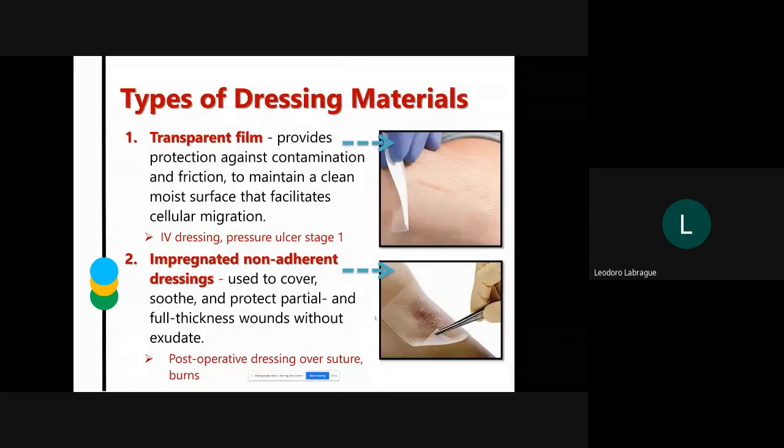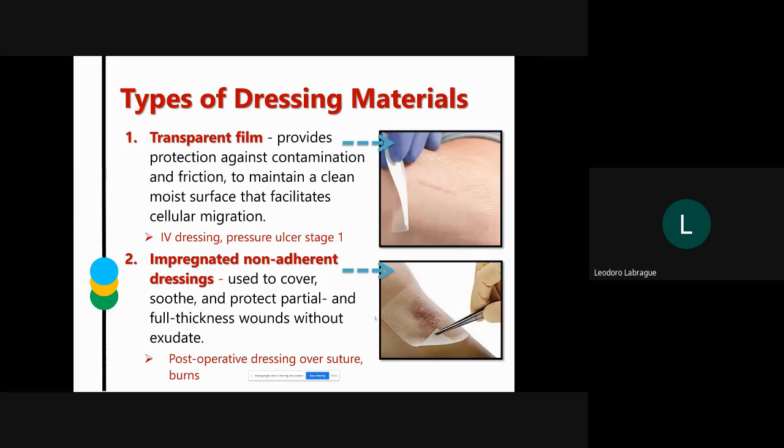And normally we use this one for IV dressing. If you have an IV, and then you cover it with the dressing, normally we use a transparent dressing. And if you have stage 1 pressure ulcer, we use transparent dressing.